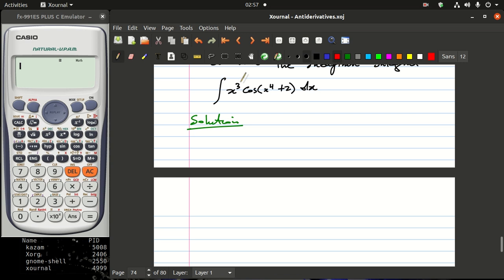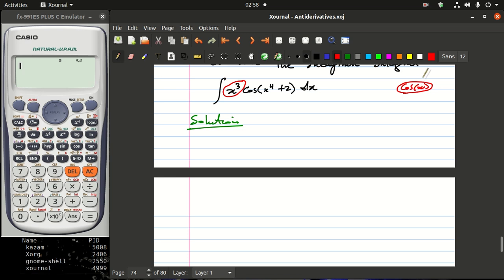If I were to look at this thing alone here, I have an x cubed. I know how to find the antiderivative of that because I just have to add a 1 and divide by the new exponent. If I were to look at cosine of x, I know how to take the antiderivative of that because the derivative of sine is cos, so the antiderivative of cos is sine.